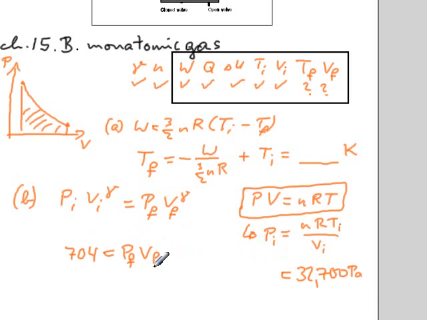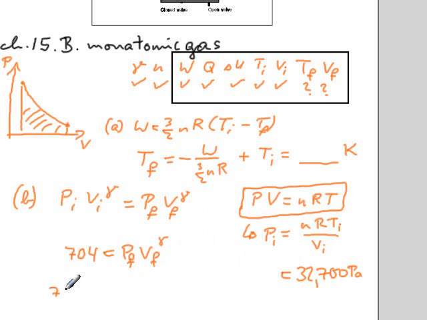VF to the gamma. And then I notice I actually do have to plug that in because I still have two unknowns here, and the final temperature is given. So I'm going to plug this one in here anyway.